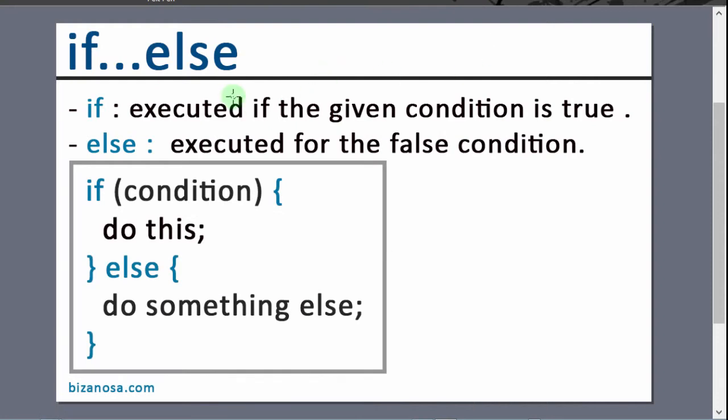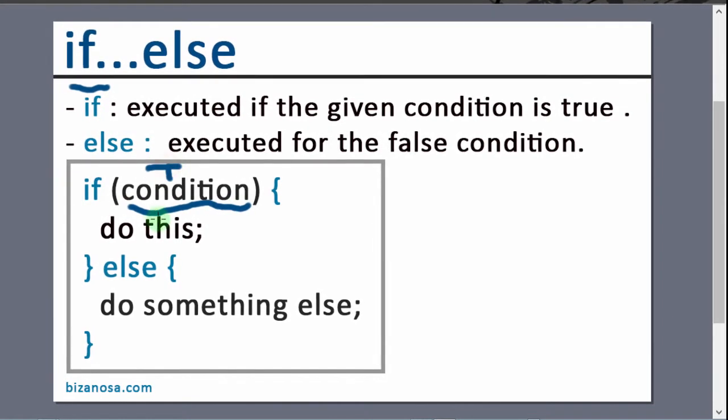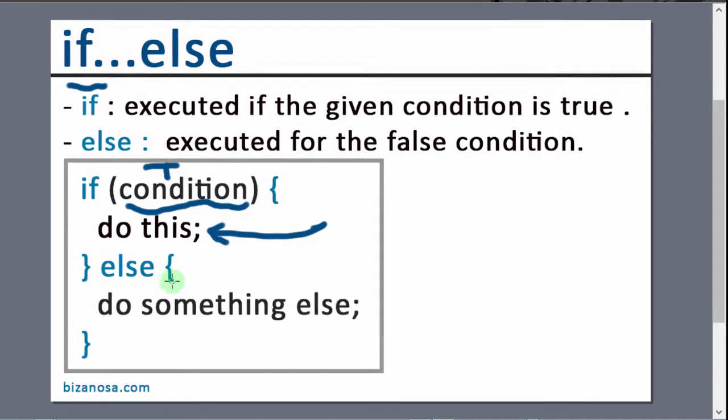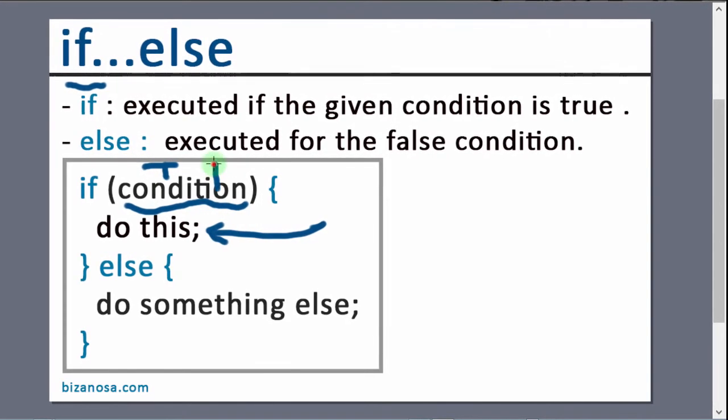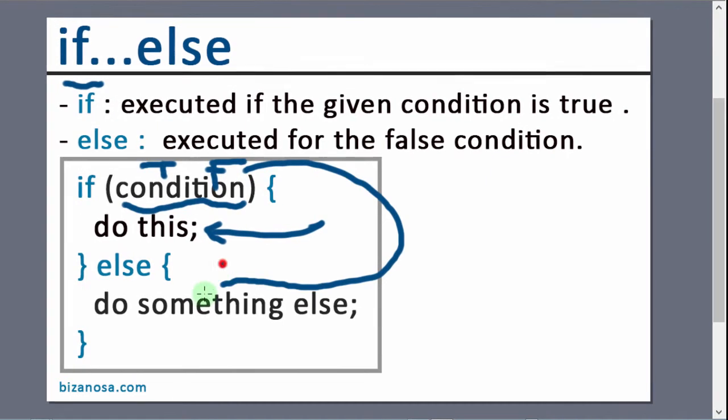So we do know that if we have an if and a condition, if the condition here will be true, then what is inside here will get run. And then if the condition here is false, then this will get run.